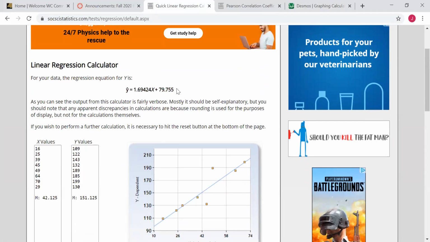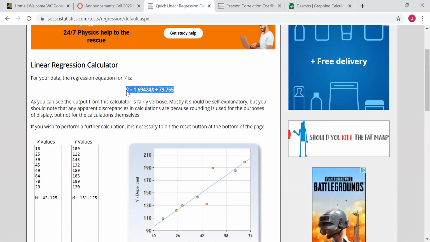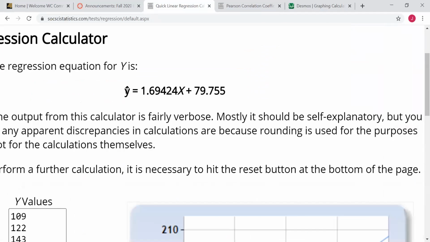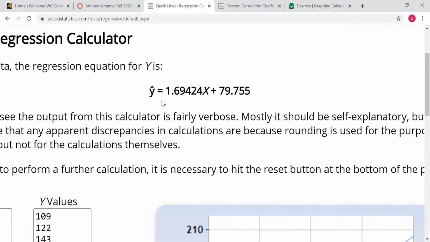Now we can compute the linear equation, or the regression equation, here: 1.69424x plus 79.755. So the y-intercept we would normally interpret as what y value do you have for an x value of 0?